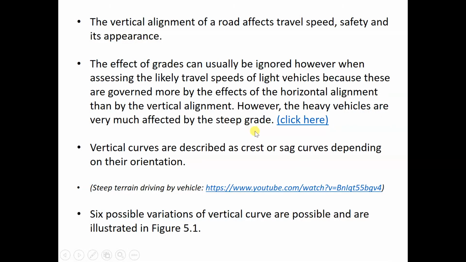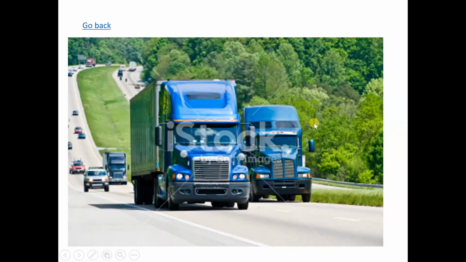The light vehicles, the small cars, the motorcycles, can even accelerate up the hill. But the heavy vehicles, like a semi-trailer or the logging truck, are affected a lot. They will slow down when going uphill.